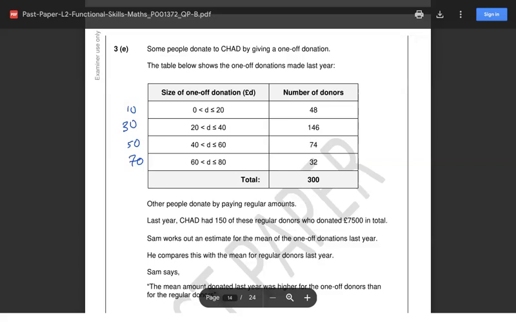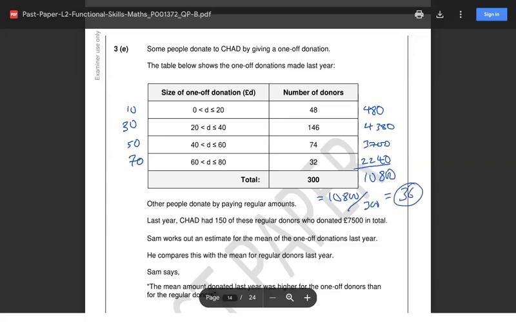That gives you 480, 4,380, 3,700 and 2,240. Now add everything together. That gives you 10,800. So 10,800 divided by 300 gives you 36. That's the mean.